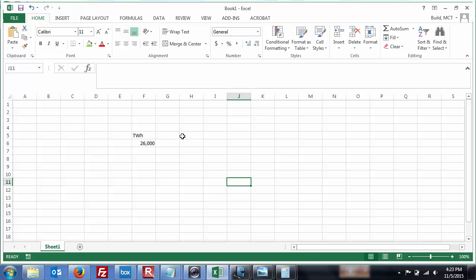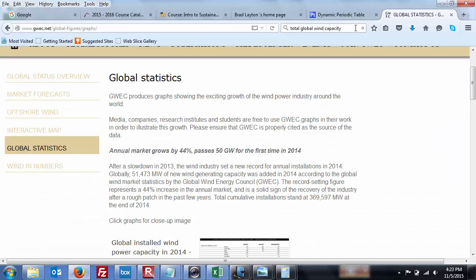Let's do it this way. Let's put it in kilowatt hours. I like to get into a comfort zone, and let's put this into megajoules. So one kilowatt hour equals 3.6 megajoules. I'll just verify that.